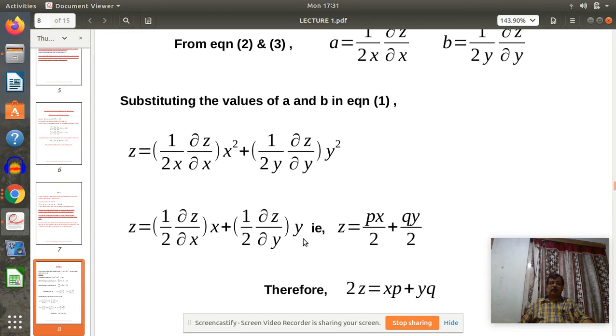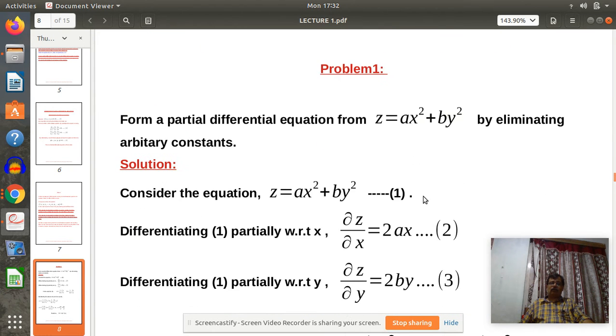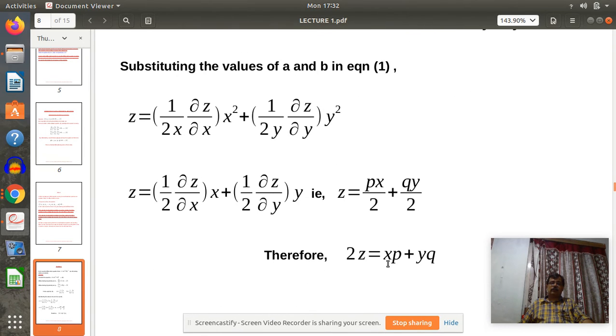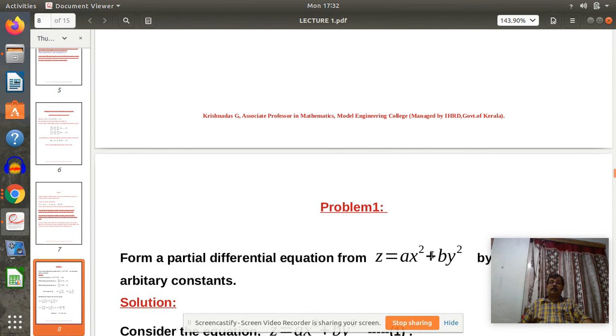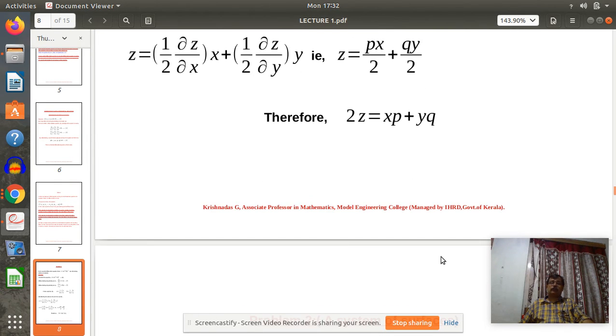We represent dou z by dou x as p and dou z by dou y as q. We get px by 2 plus qy by 2, that is, 2z equal to x into p plus y into q. So that is our answer. This is a partial differential equation which is formed by this. What this indicates is that this functional relation is a solution of this equation.